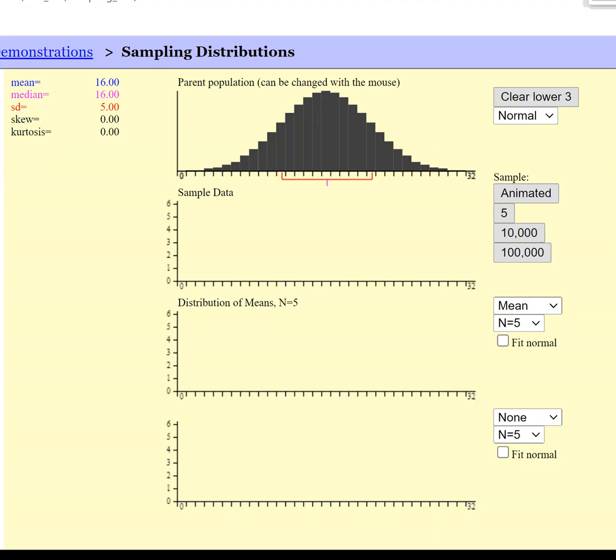So here is that simulation page on the website that I referred to, and I've started with a parent that's normally distributed. If I use the animated button here, it will actually find a sample of 5 for me: 1, 2, 3, 4, 5, and it will find the mean of them by averaging those, and drop it into this next set of axes, where we can start to create a distribution of those.